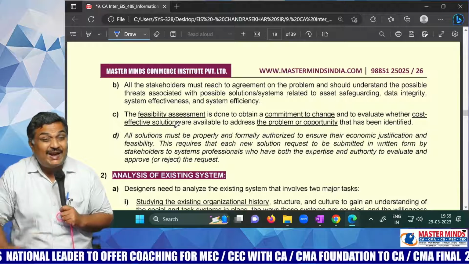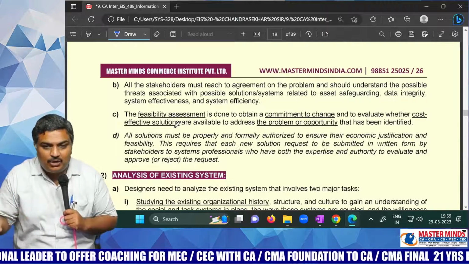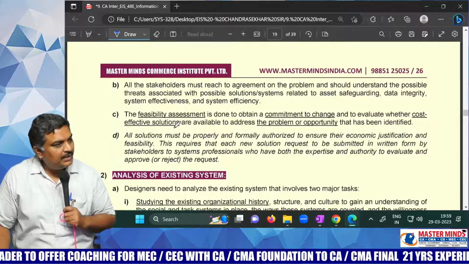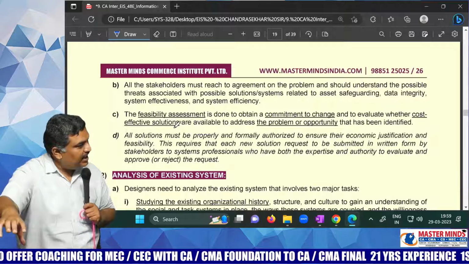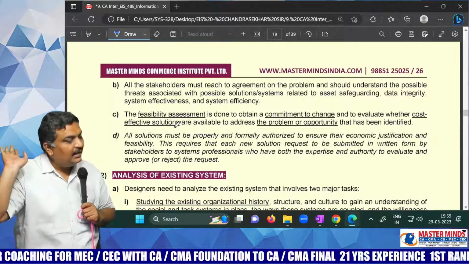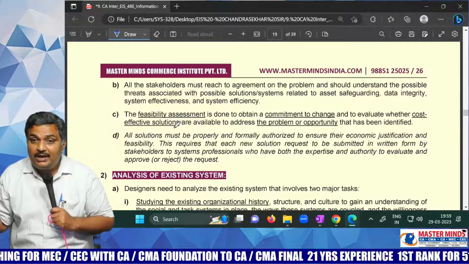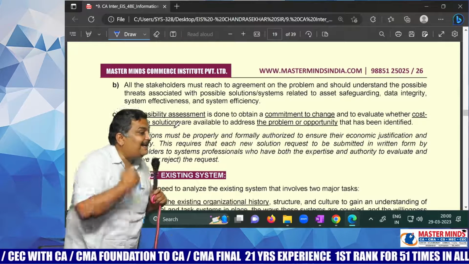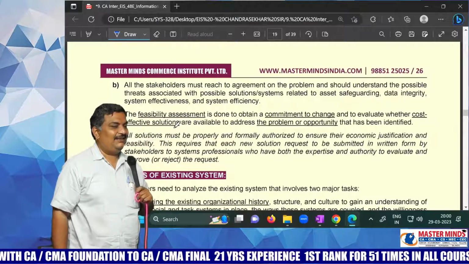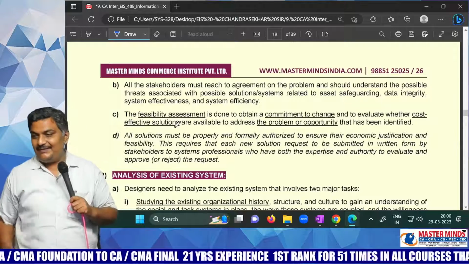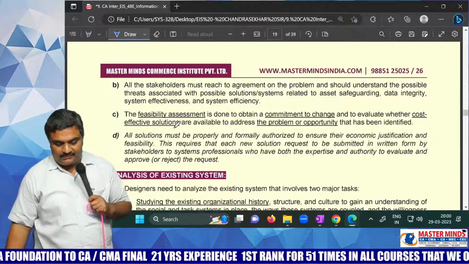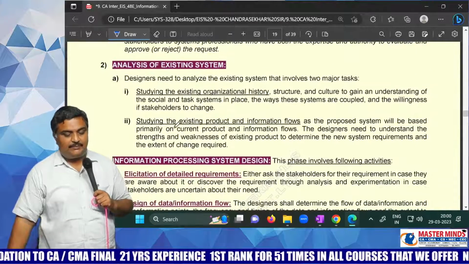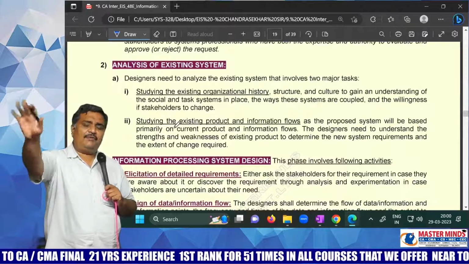So it is not financially feasible for me. Then what will I do? I'll give them a samosa and chai and say bye-bye, because that project cannot be continued. Why? No financial feasibility, no economic feasibility. Now, analysis of the existing system. Let us think financial feasibility is there.